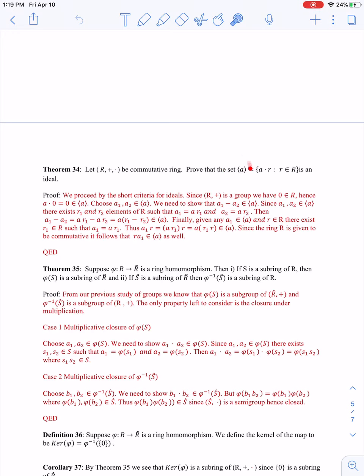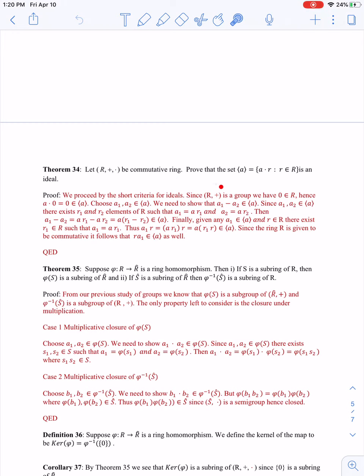What this means with respect to rings is it's a times r, where r is anything in big R. Okay, so that's what this notation means, and the claim is that that is an ideal when we have a commutative ring. All right, so let's prove that. Well, we're going to use the short criteria for ideals.